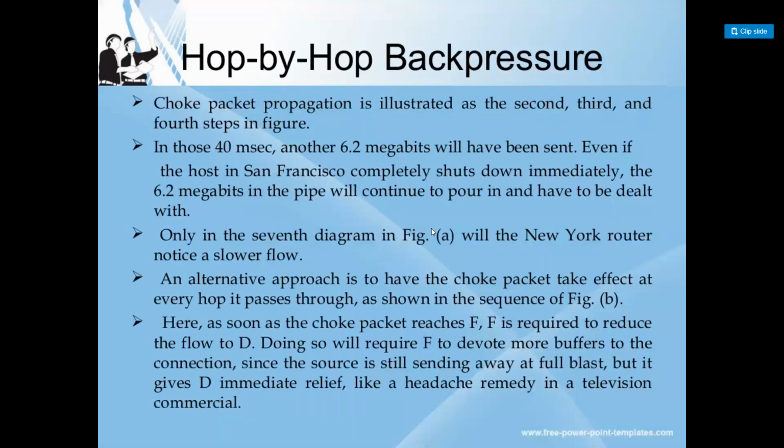In these 40 milliseconds, another 6.2 megabits will have been sent. Even if the host in San Francisco shuts down immediately, the 6.2 megabits in the pipe will continue to flow, and the effect is seen only in the seventh diagram.